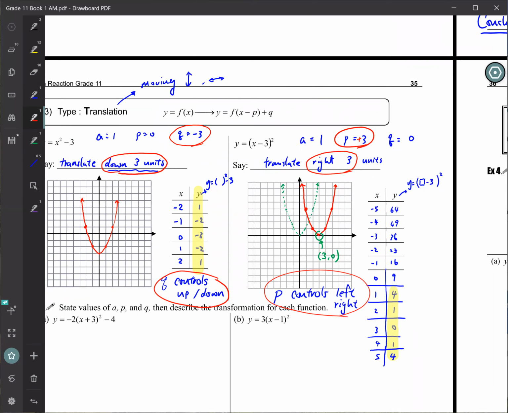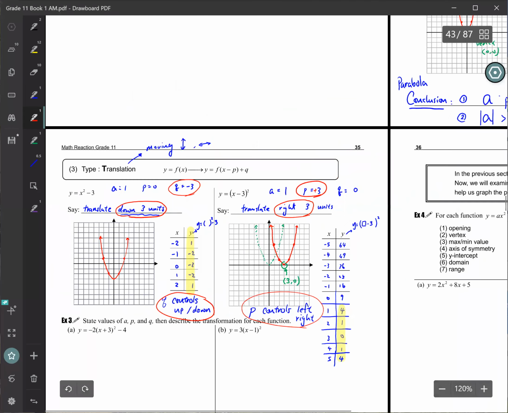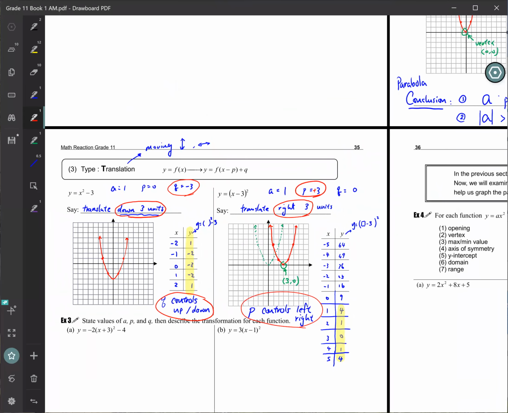There's nothing to flip around. Any questions? Can you raise your hand if you are all clear up to now? Perfect. In the homework, it will have a mix of all the A, P, Q together.